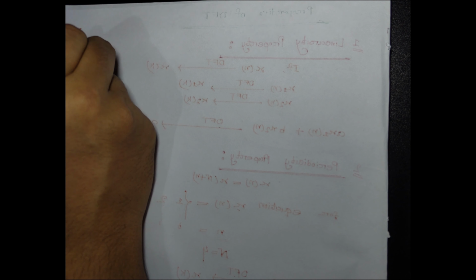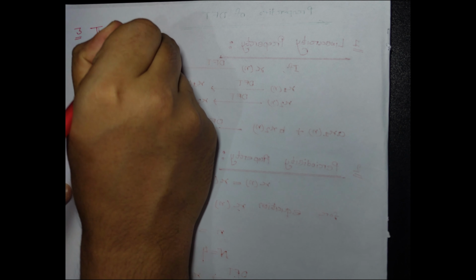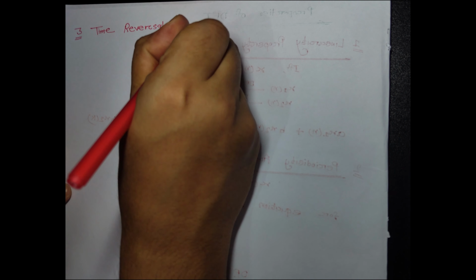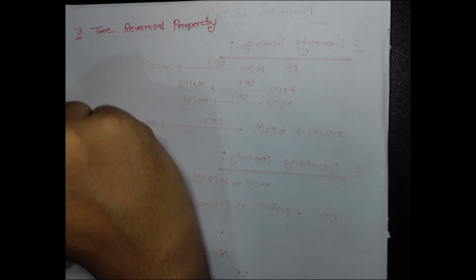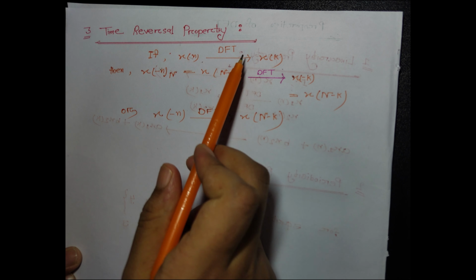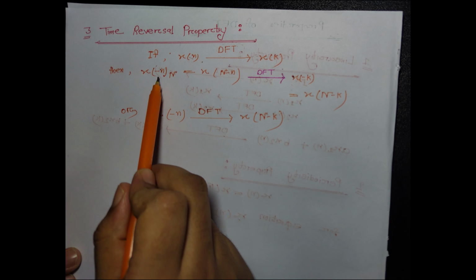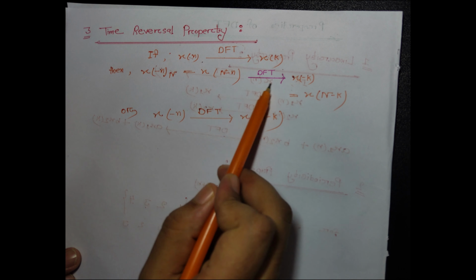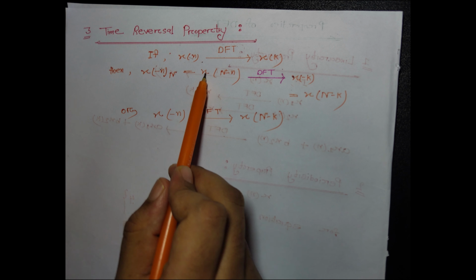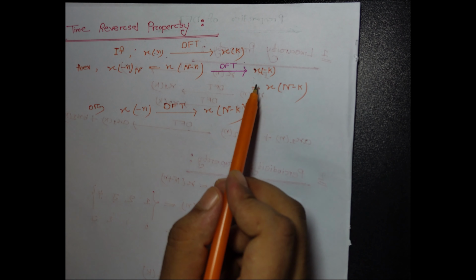Now the time reversal property. If the discrete Fourier transform of x[n] is equal to X[k], then the discrete Fourier transform of x[minus n], or x[N minus n], is equal to X[minus k], or X[N minus k].